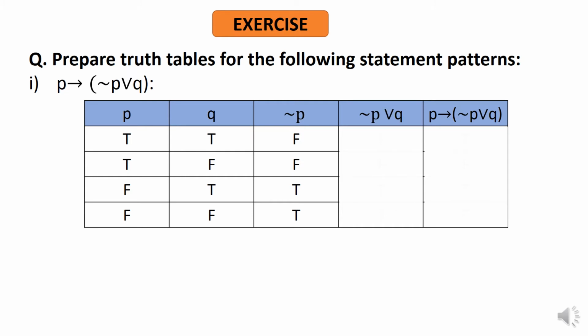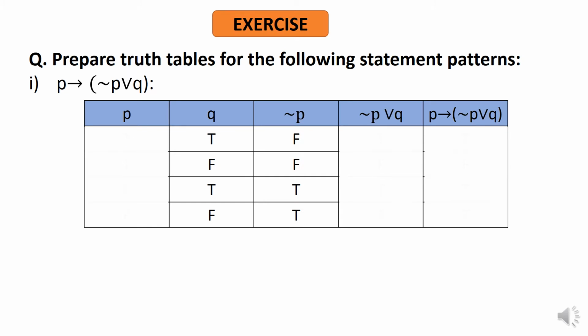Now for finding out what is the truth value for not P or Q, you are going to observe only those two columns. That is, you are going to take into consideration only the columns for not P and Q. Thus, we are not going to observe P for now.